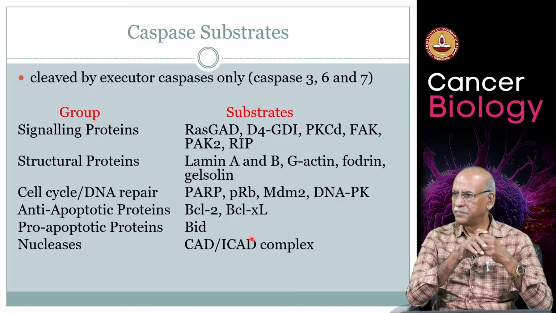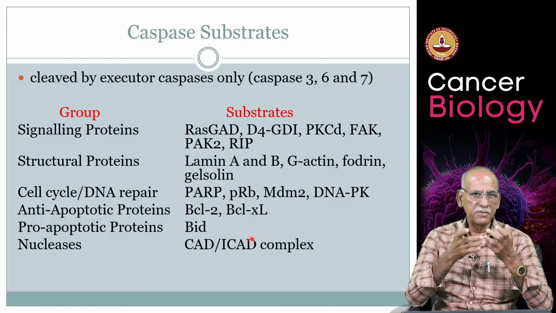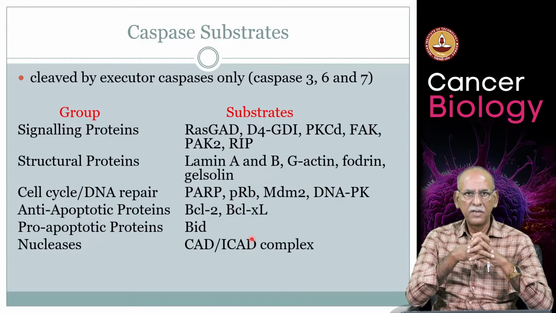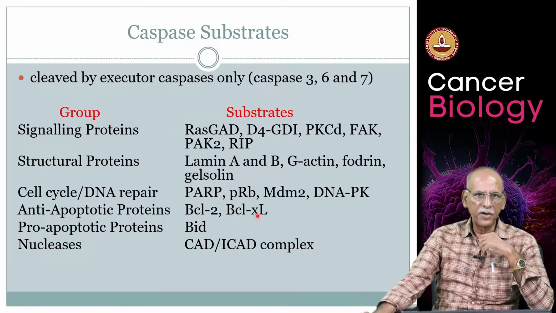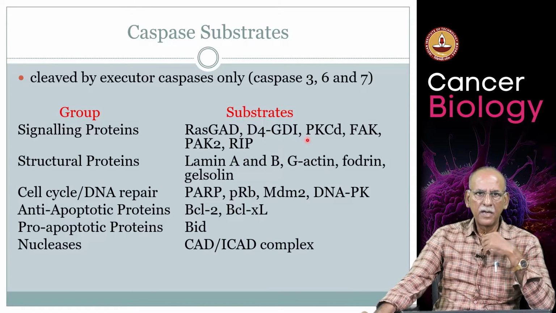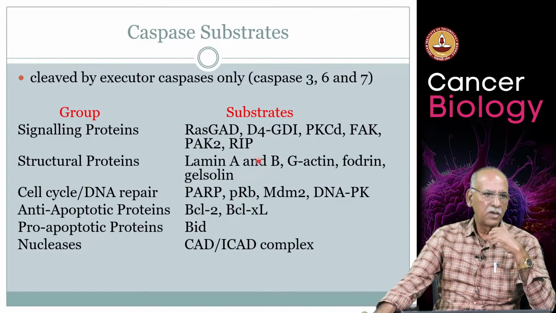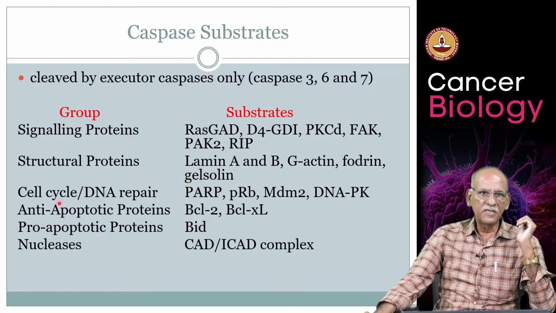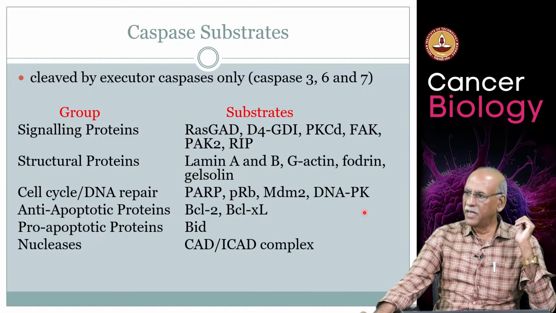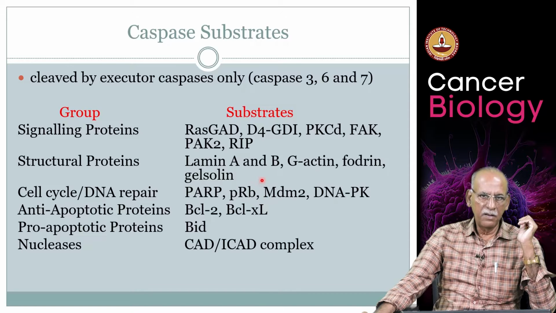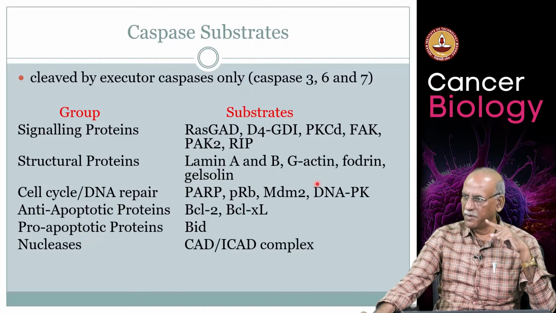And then signaling proteins. Many of the signaling proteins are substrates for caspases. 3, 6 and 7, they are very important. You can see here that RAS-GAP, then PKC, FAK, these are kinases, PAK2, RIP and so on. There are several kinase molecules. Cell cycle proteins, DNA repair, later on I will talk about DNA repair, PARP, PRB, retinoblastoma, MDM2. MDM2 is anti-apoptotic.